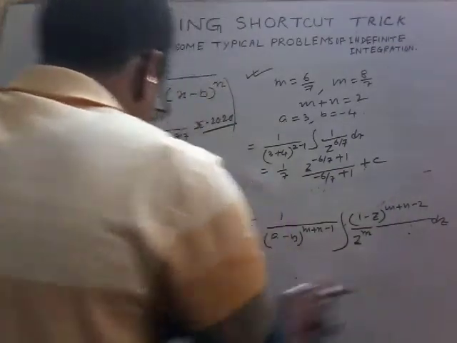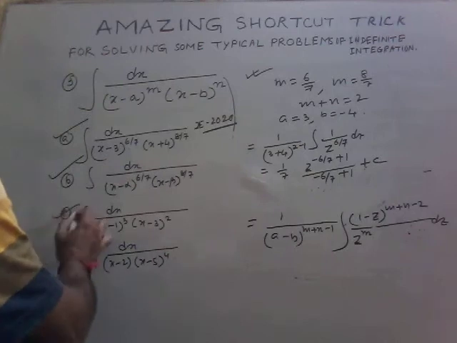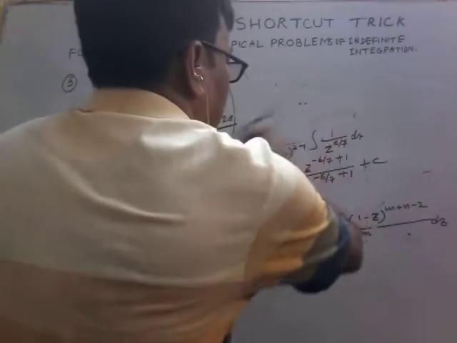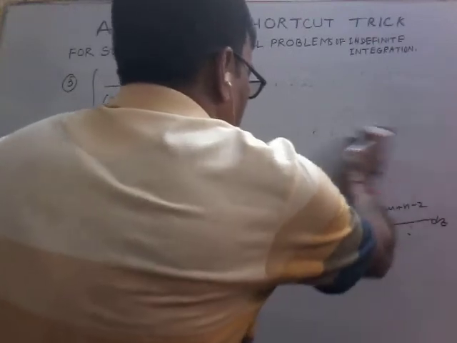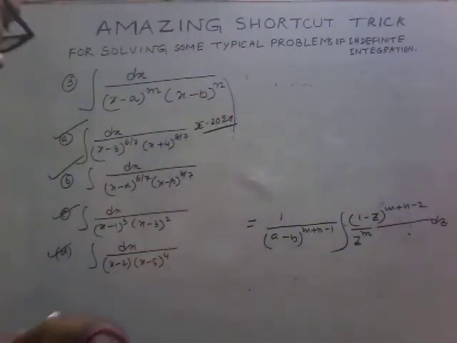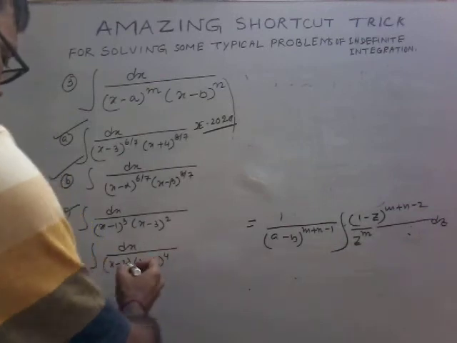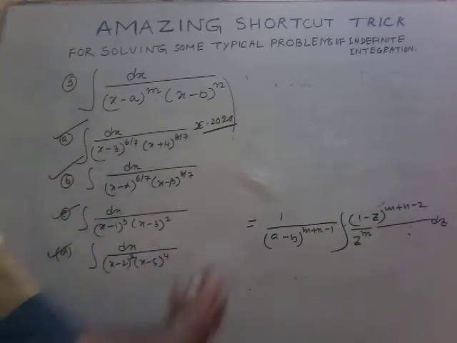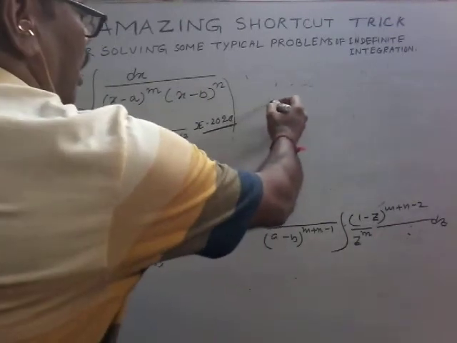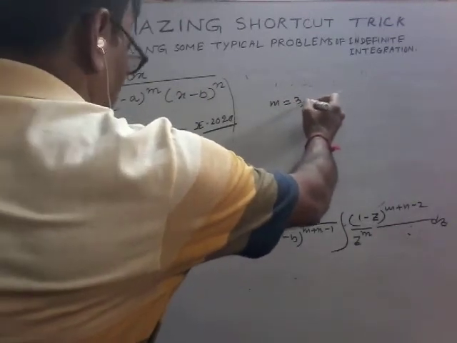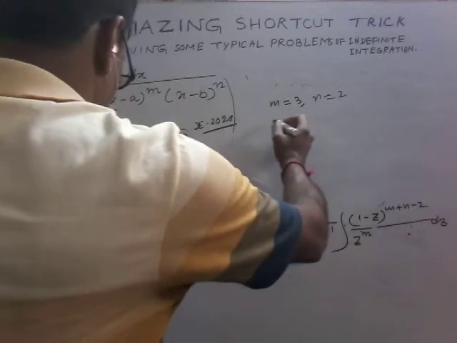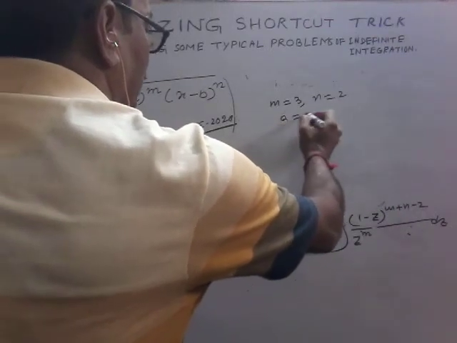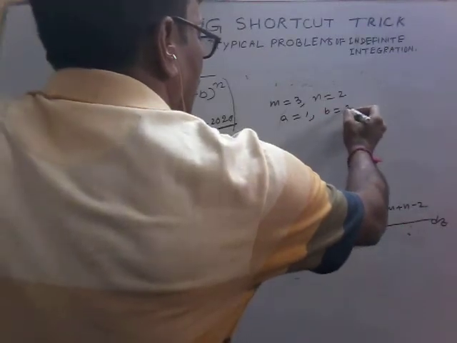So look, problem number C and D. What is m? So problem number C: m equals 3, n equals 2, a equals 1 and b equals 3.